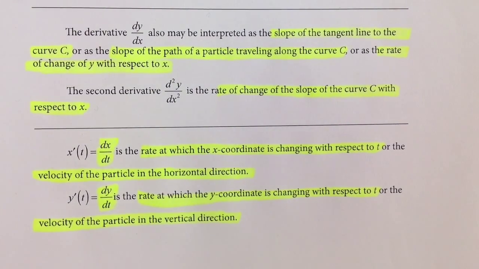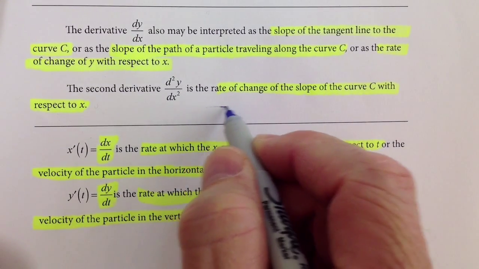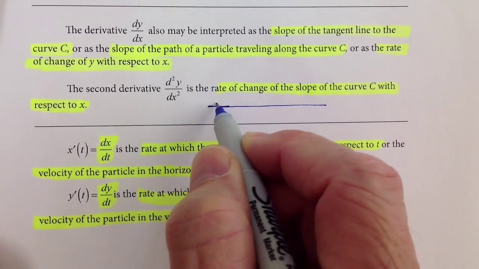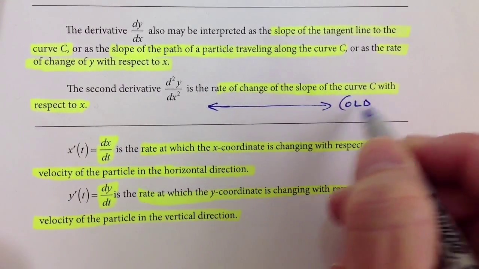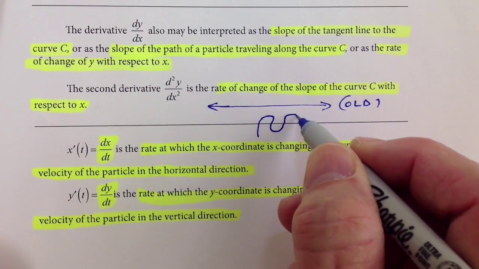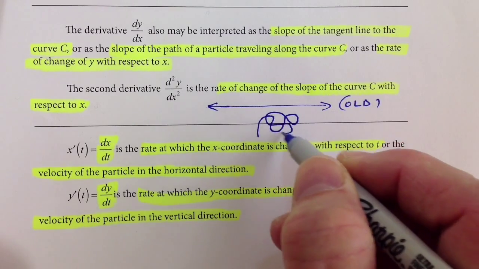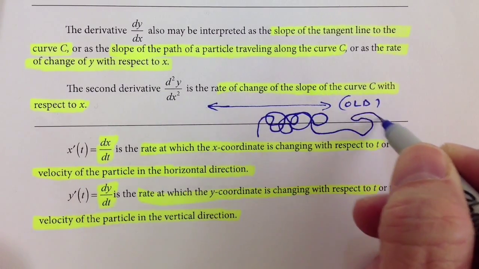And keep in mind, we're talking about motion in the xy plane. We're no longer talking about linear motion necessarily. That's the old stuff. The new stuff is the coolest stuff, where you can have, like I said, a bug crawling around your paper.